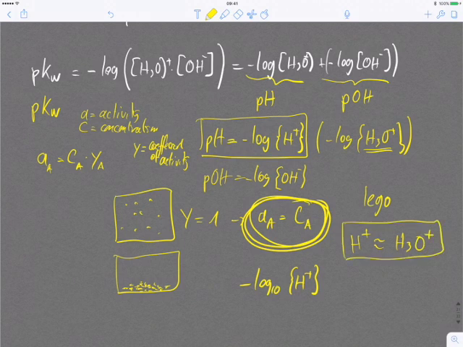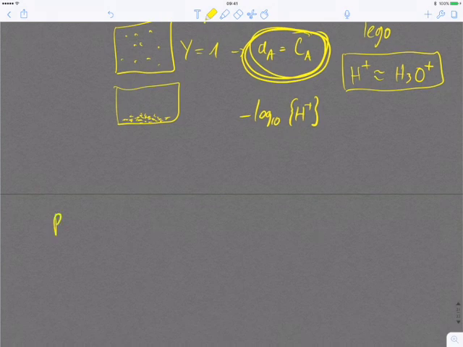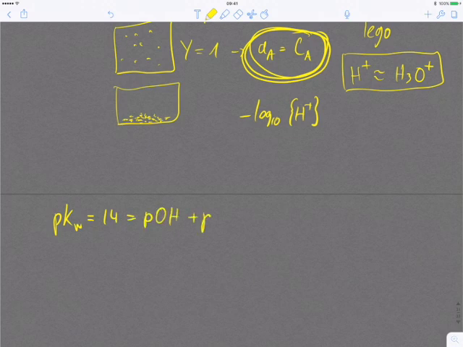So how can we use that now? We know that the pKa of the water equals 14, which equals the pOH plus the pH.